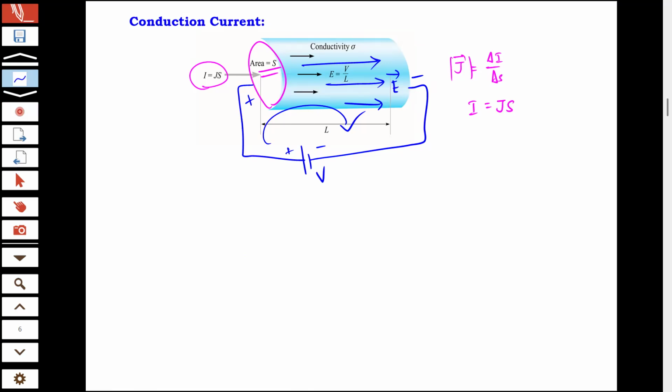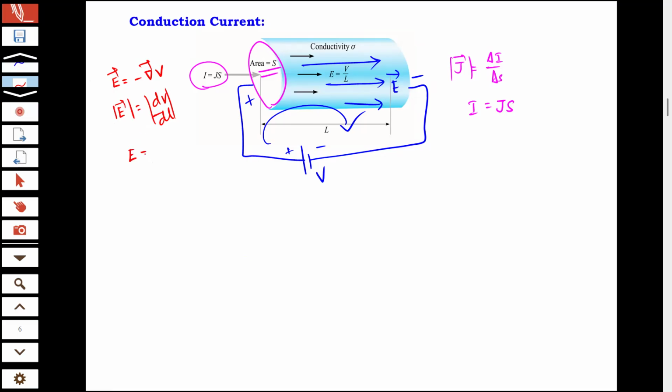We can write the relation between electric field and potential. We have already discussed that the electric field vector is the negative potential gradient, or if you want to write only the magnitude, the electric field can be given as dV by dL. I'm not considering the direction or sign here; I'm considering the magnitude relation.